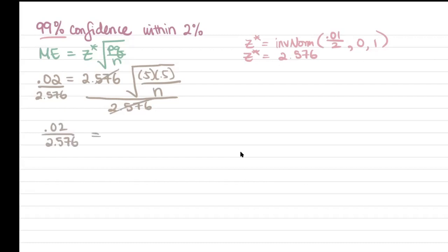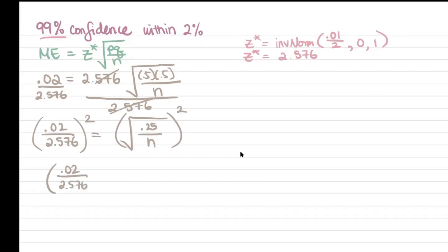And then I'm going to square both sides. 0.5 times 0.5 is 0.25, so I'll do that up there too. Then I square both sides to get rid of the radical. That gets me 0.02 over 2.576, squared, is equal to 0.25 over n.